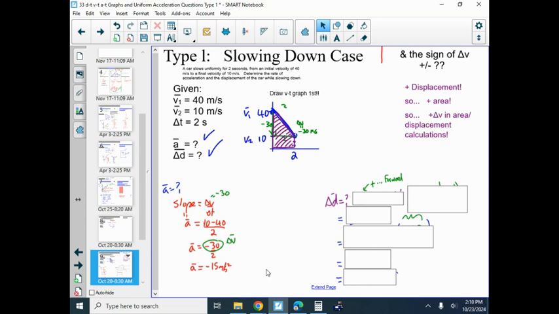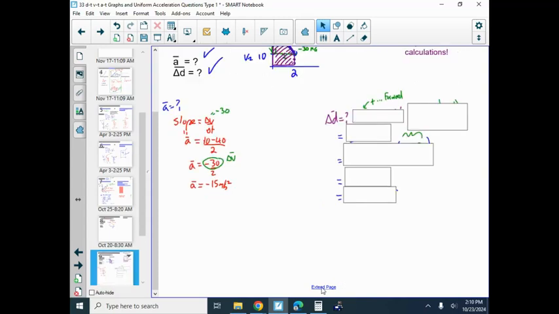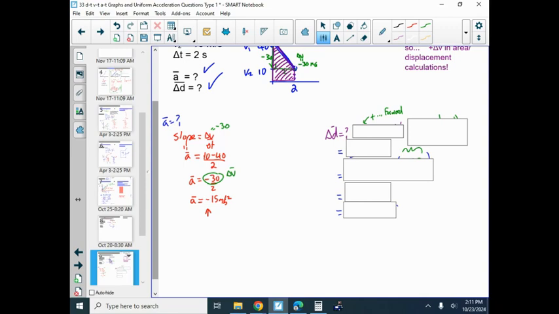And to relate to the recent direction of acceleration thing, you can see that it's in the opposite direction of the velocities, right? So v's are positive, acceleration is negative, and so it confirms that it's a slowing down situation, which clearly it was in the question.